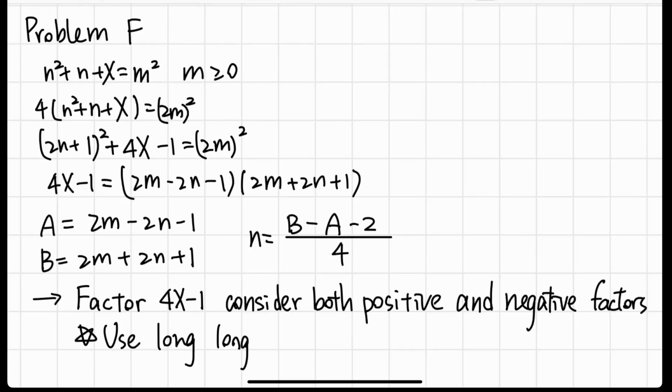Since the answer we want is n, if we define this whole thing as A and this thing as B, then n would be equal to (B minus A minus 2) divided by 4.